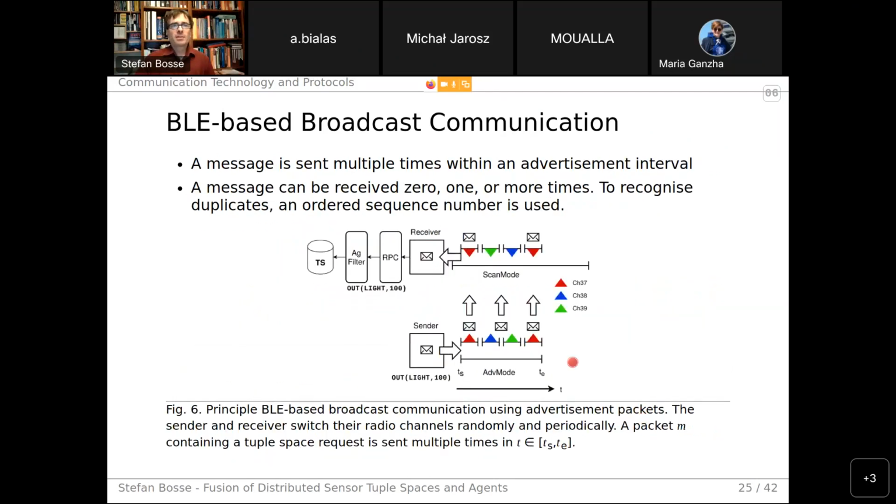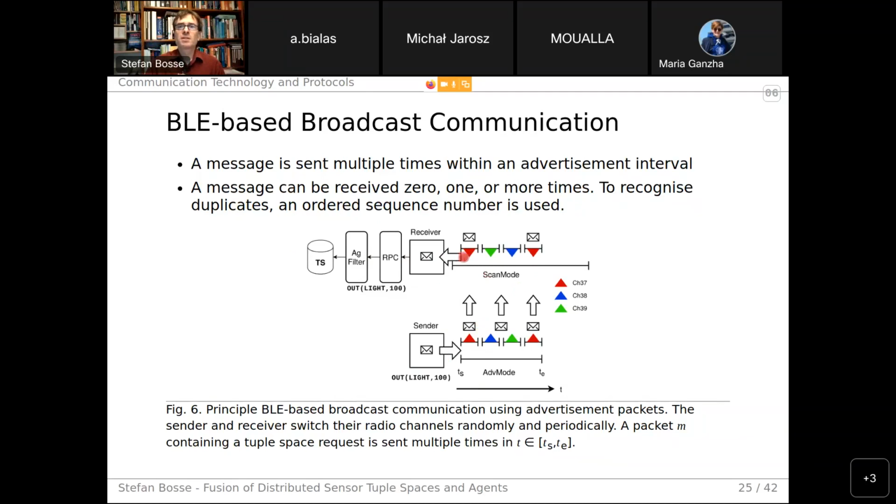Here you see the basic principle. A message is sent multiple times within an advertisement interval. We use the advertisement mode, well known by contact tracing apps utilized in Europe, millions and billions of people. And we use the advertising mode to advertise these tuple messages. And a receiver, here we have the sender that sends the message again and again in a specific interval, of course, say 300 milliseconds or 500 milliseconds.